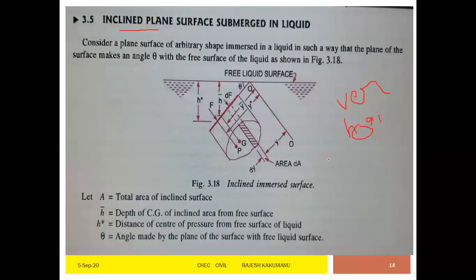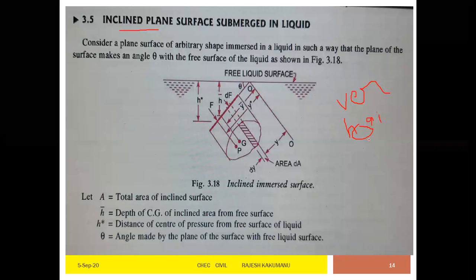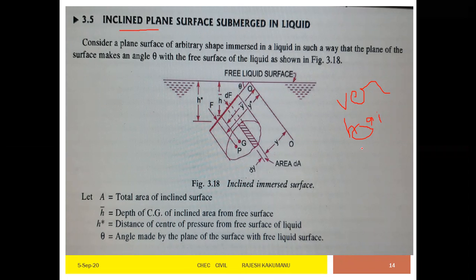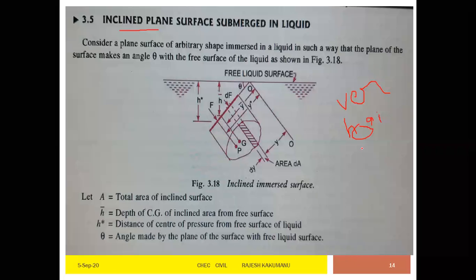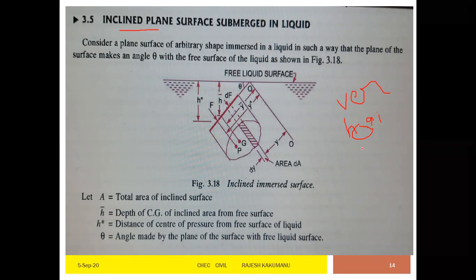Now we will take objects which are submerged in the liquid inclined. If you take a square, rectangle, trapezium, or any circular plate, when the objects are immersed at an incline, making an angle, how do we do the problems in this case?